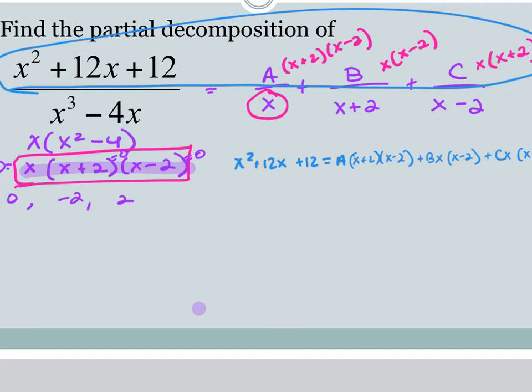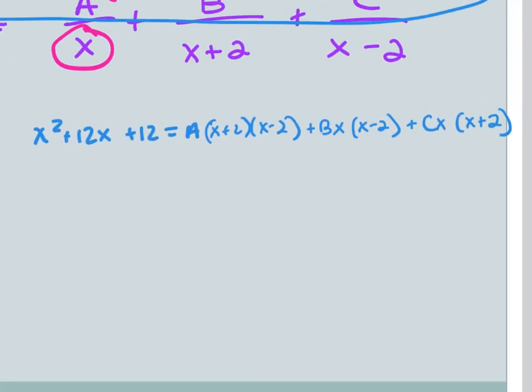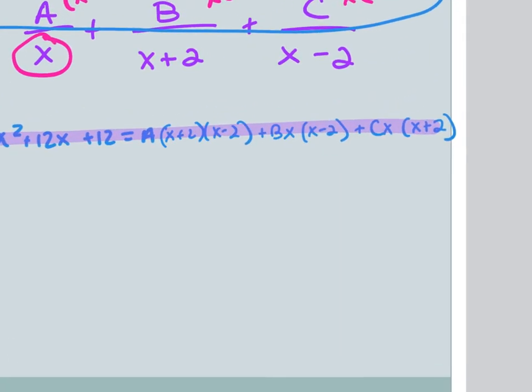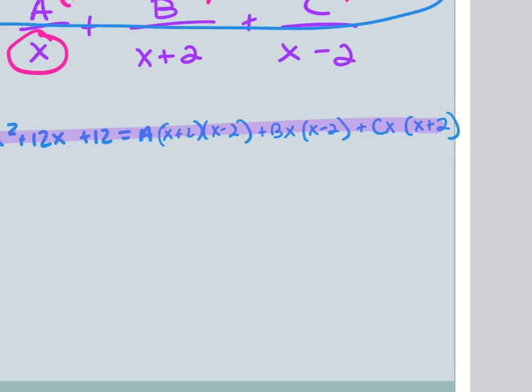I think that's easier than saying, how do I cancel out the A? Well, I could plug in a -2 or a +2. How do I cancel out the B? I could plug in a 0 or a +2. How do I cancel out the C? I could do a 0 or a -2. So if you go back to the factored form of your denominator and solve each of those factors, those are the three numbers you're going to plug in for x.